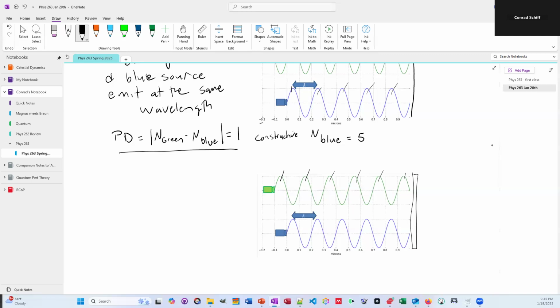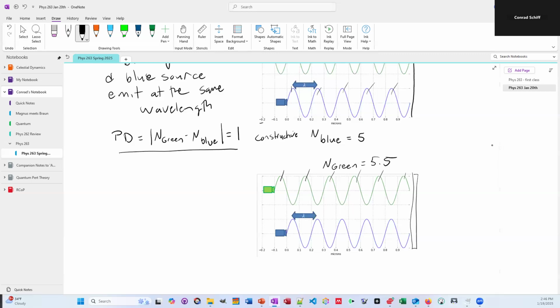So it actually turns out that green is 5.5 wavelengths away from the screen, because the wavelength of green and blue is 0.2.